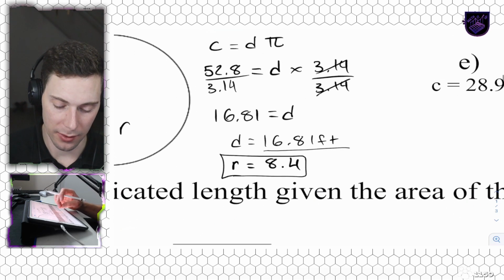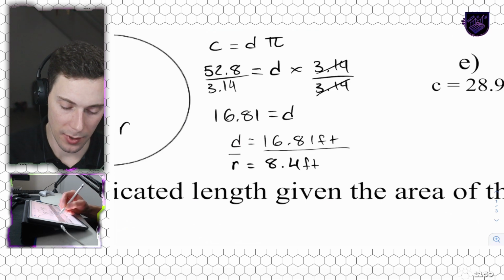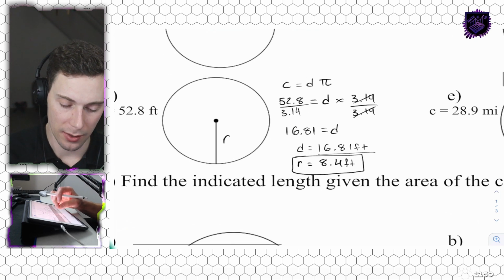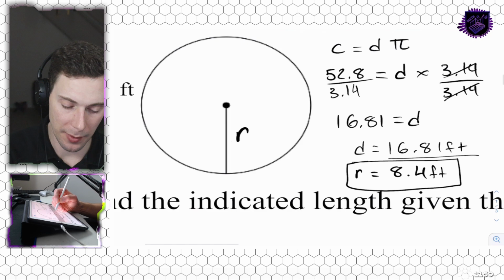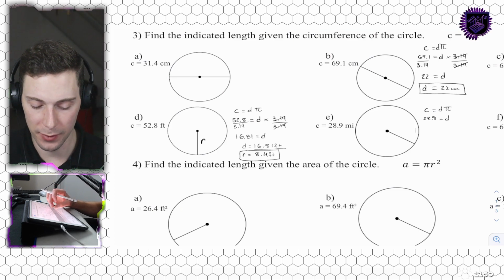That's our final answer. 8.4 feet is the radius, because they're looking for R here. Maybe I'll write that on the thing.